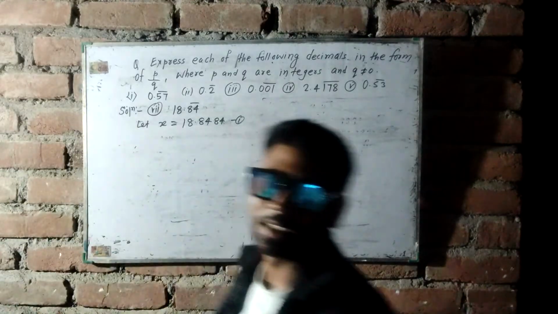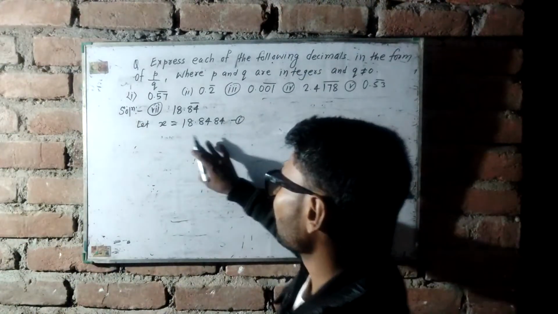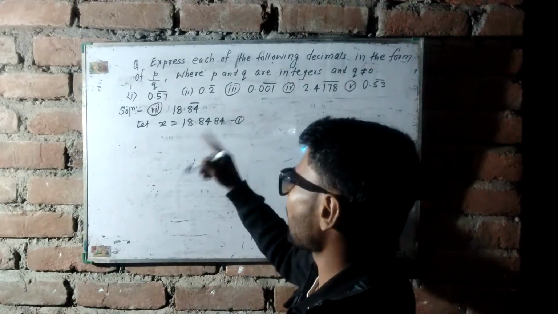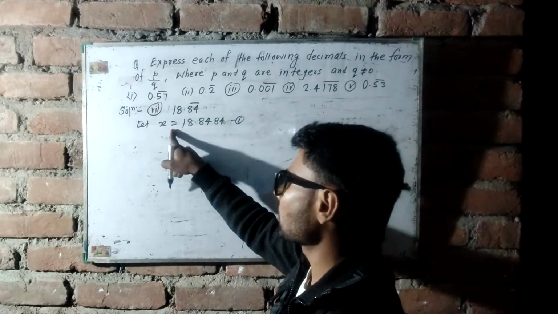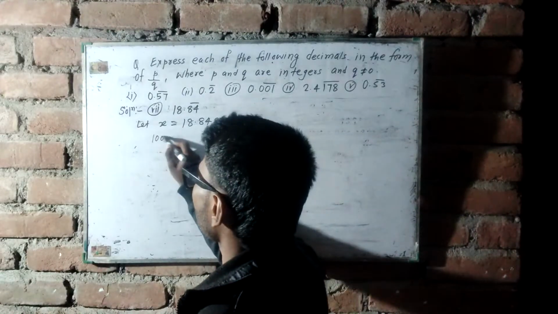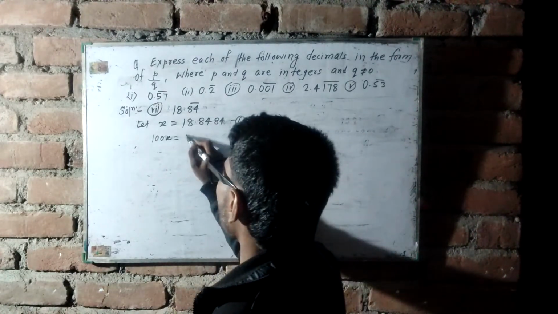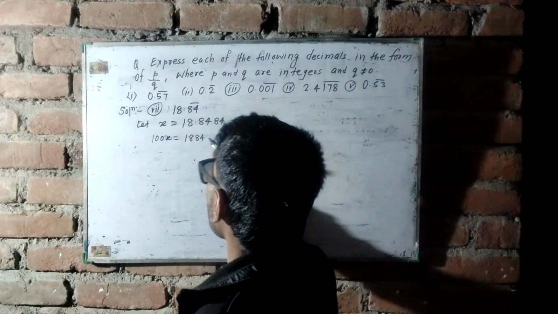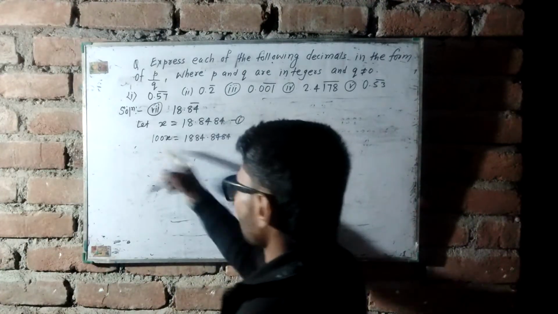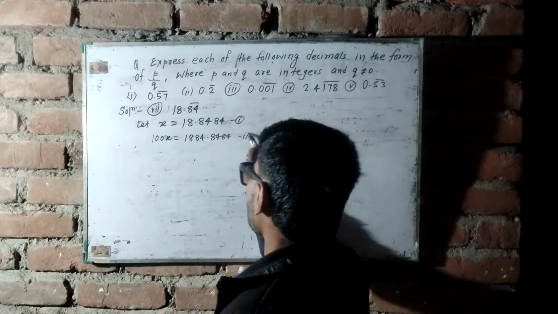Here we can see the repeating digits has only two digits, 8 and 4. So we multiply both sides of equation first by 100 and we get 100x is equal to 1884.8484. Let this expression be equation second.